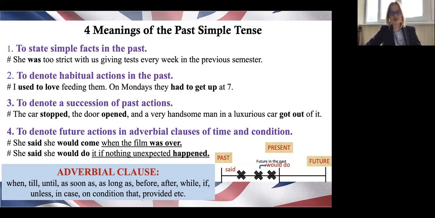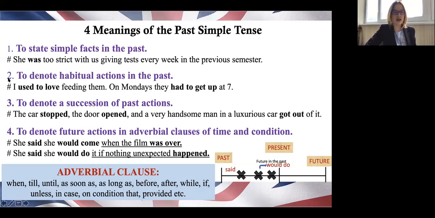She was too strict with us, giving tests every week in the previous semester. So was strict, in this case, is about the past action. We have was in the form of the past indefinite tense. It's the regular verb, that's why we take a look at the second column, right?